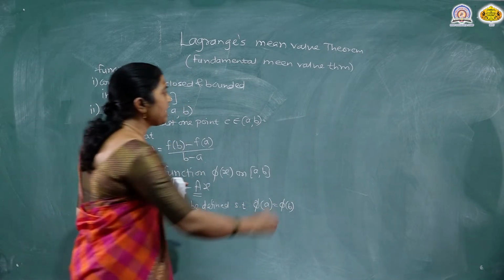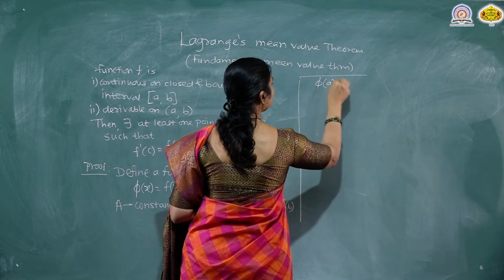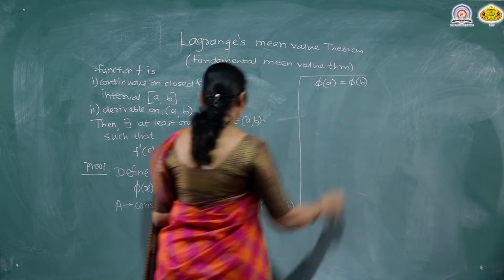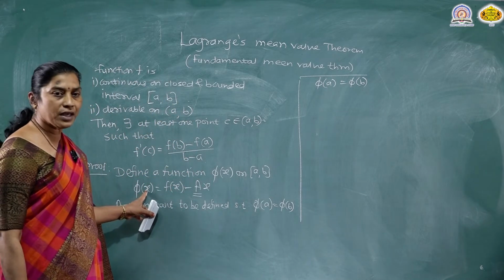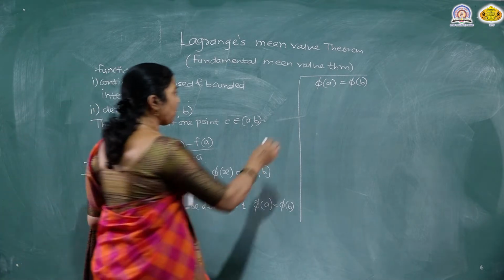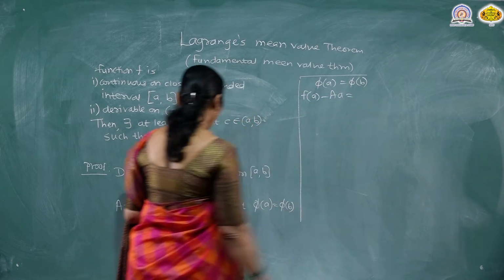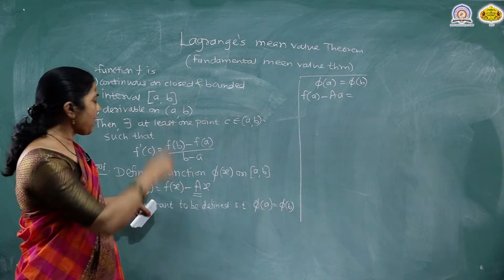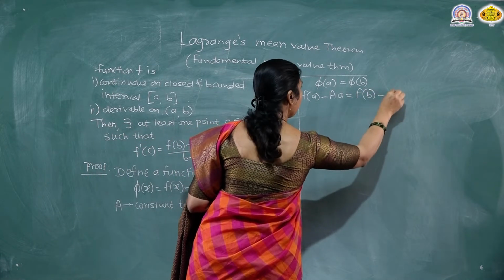Now, if phi(a) is equal to phi(b), then from our definition of phi, what is phi(a)? Replace x by a. It is nothing but f(a) minus Aa. It is same as phi(b), which is nothing but f(b) minus Ab.